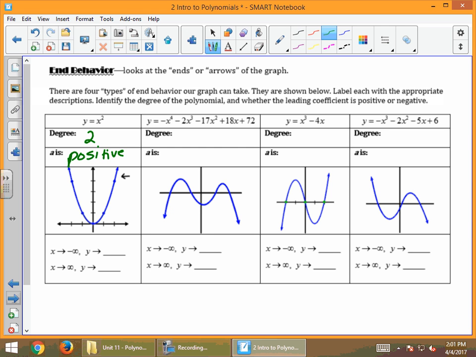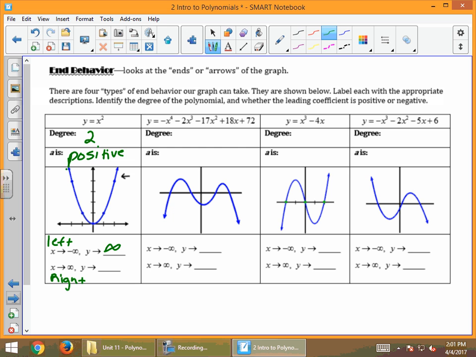Okay? So down here in these boxes, when it's saying x is going towards negative infinity, that just means the left side of your graph. And if we look at the left side of our graph, where's the arrow pointing towards? Yeah, it's pointing up, which is towards infinity. And when you have positive infinity, that just means the right side.